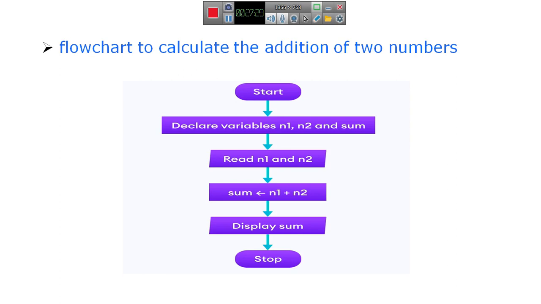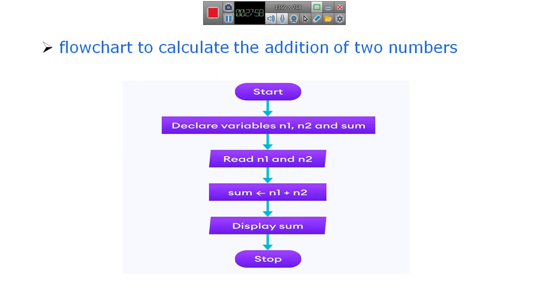Here sum, n1 and n2 are called variables, in simple meaning, names of memory locations. This is a process instruction.